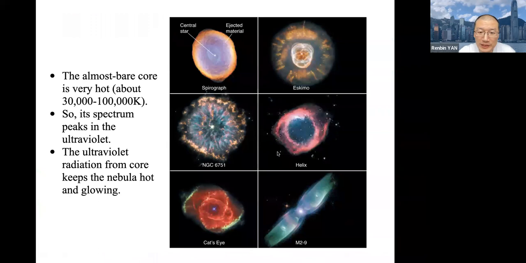So these beautiful pictures are all planetary nebula, and they're all indicating the end stage of a sun-like star. Basically, that you form a carbon core and then eject all the outer layers.